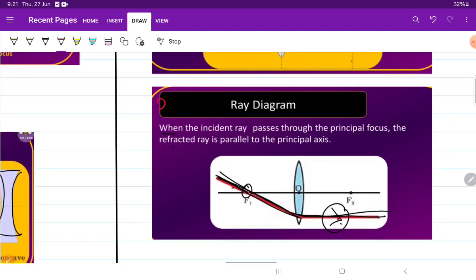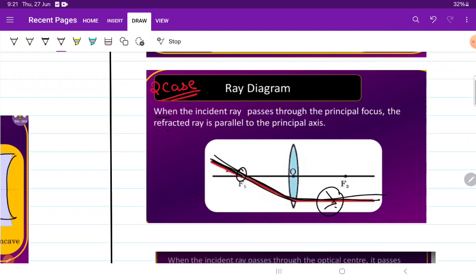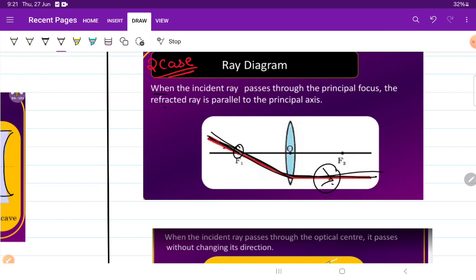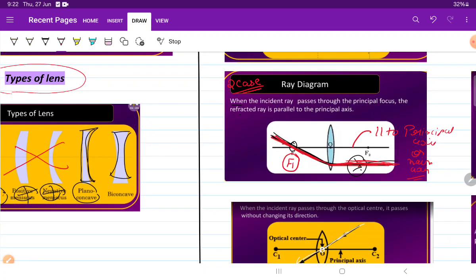Now the second case states that if any ray is passing through F1, then it will become parallel to the principal axis, or main axis. Okay, if any ray is coming from F1, then it will be parallel to the principal axis.